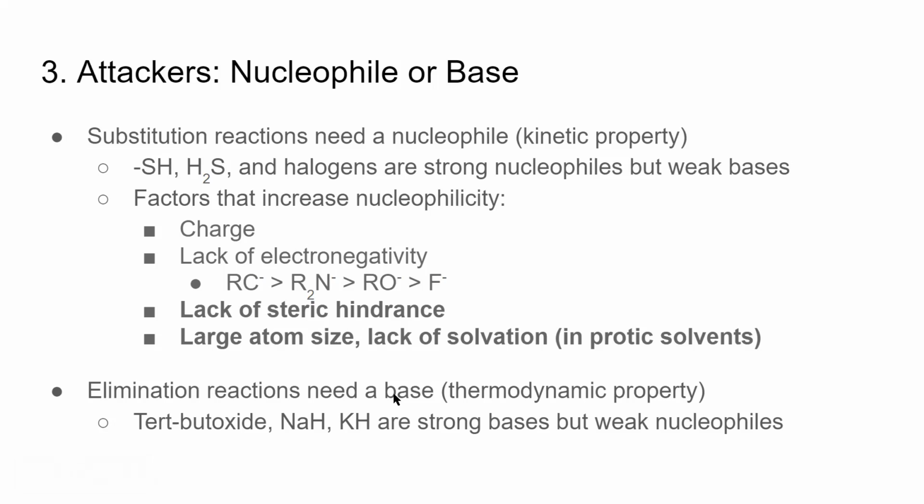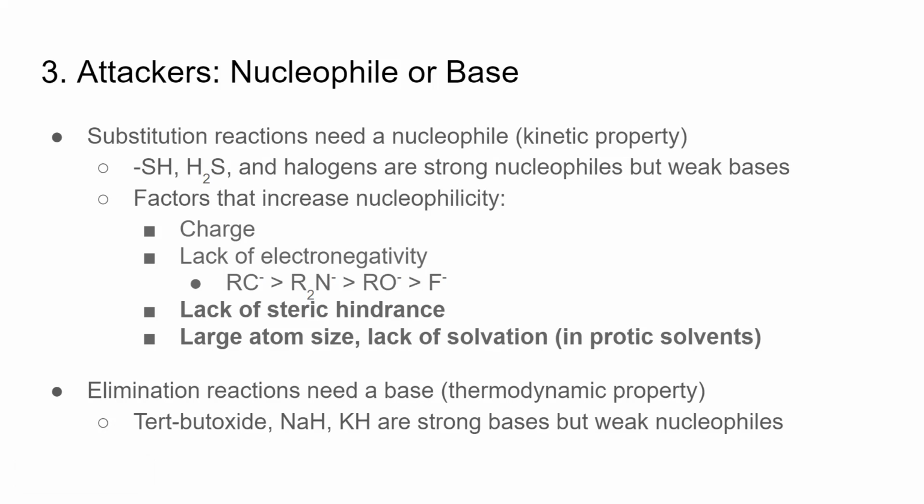Just one thing to keep in mind: even though nucleophile strength usually follows base strength, as you can see there are differences, and that's because nucleophilicity and basicity are two very different properties. Nucleophile strength is based on a kinetic property, meaning how fast the reaction can occur. For bases, it's where the reaction lies in the equilibrium. You remember from acid-base chemistry that these reactions usually go both forward and backwards.